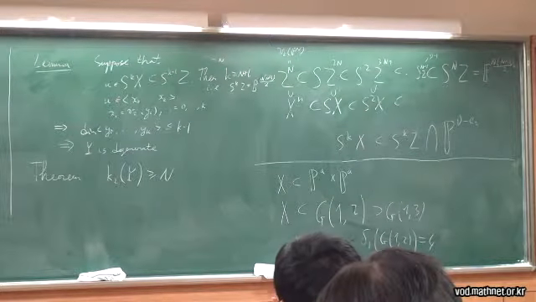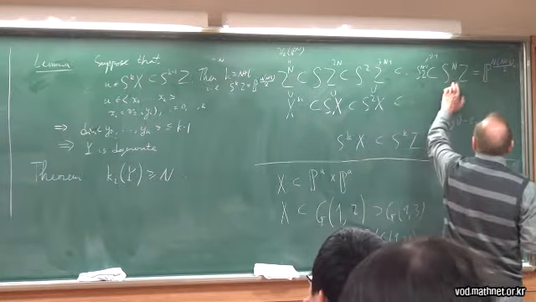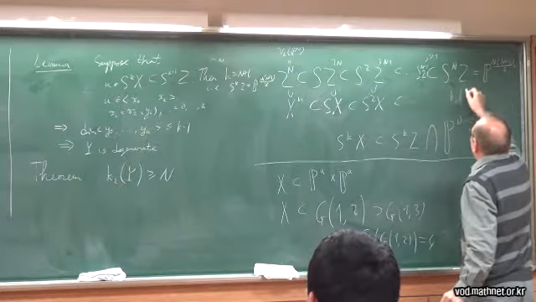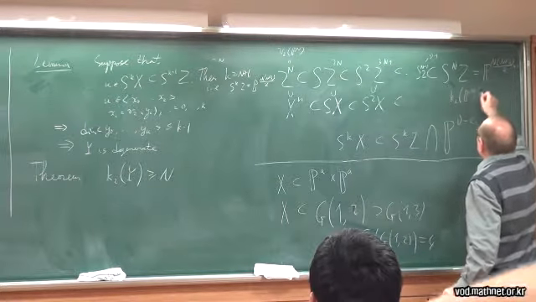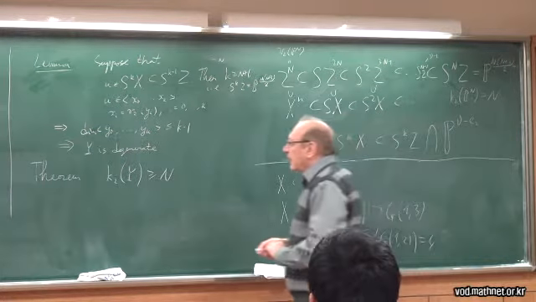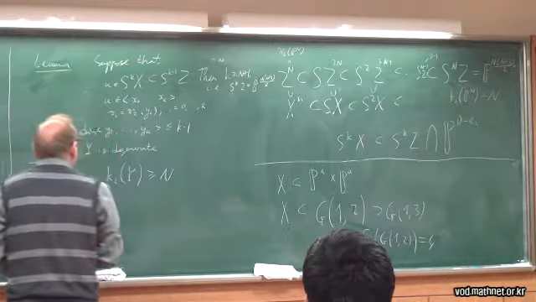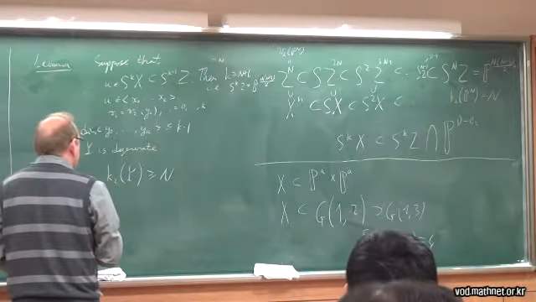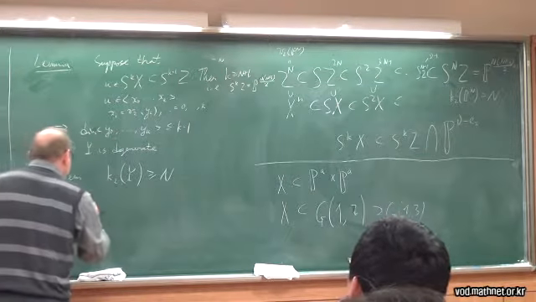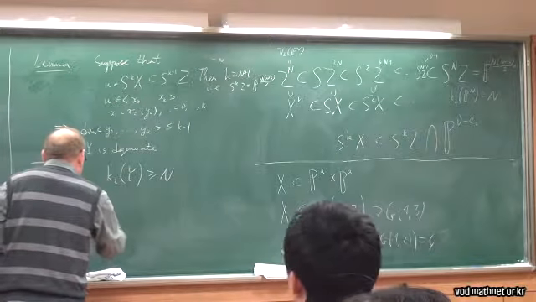For the Veronese, I recall that here we stopped precisely at this point, so this means that K2 of Pn is equal to n. So why is this so? This is an immediate consequence of this lemma.